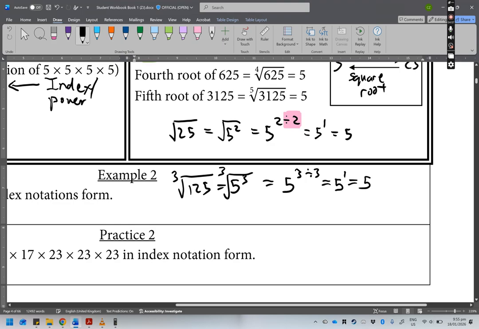Now, just in case, what if we have 5 to the power of 3, square root? Okay, that means that it is not cube root. So this is actually just 5 to the power of 3 divided by 2, which will give us 5 to the power of 1.5.